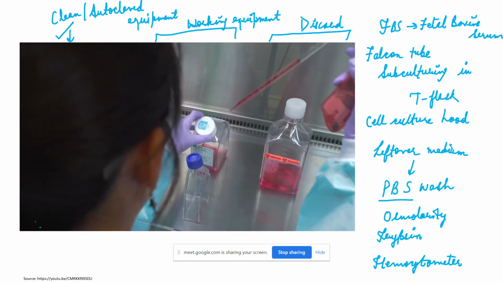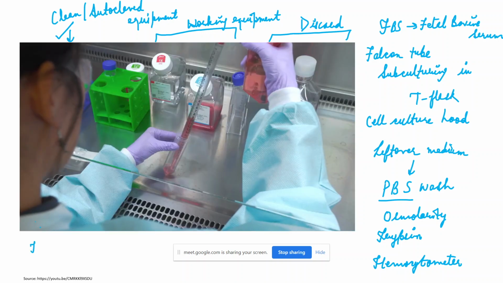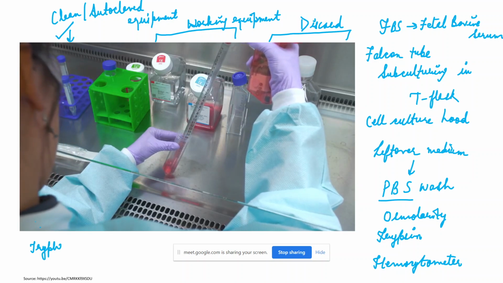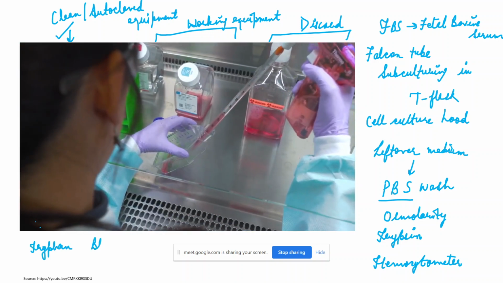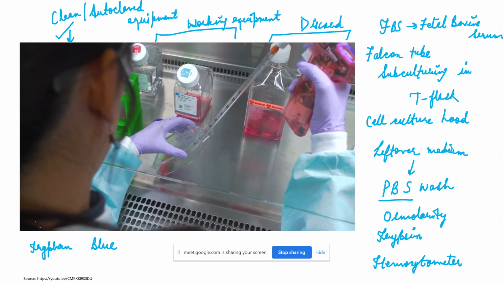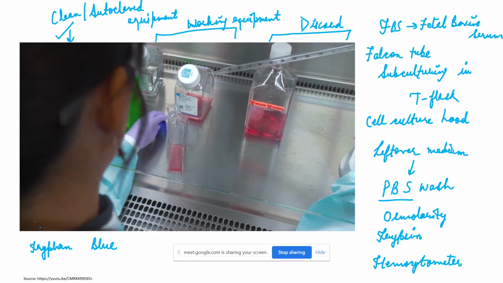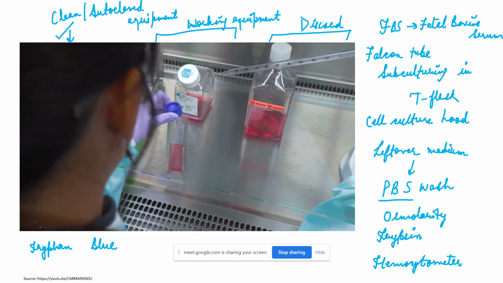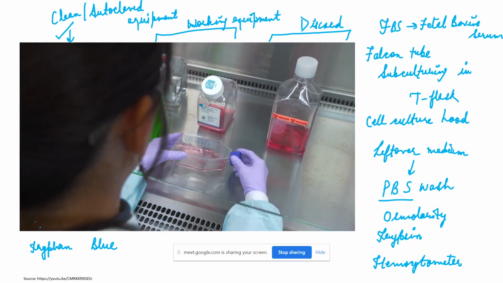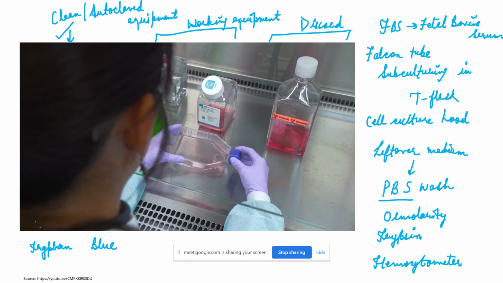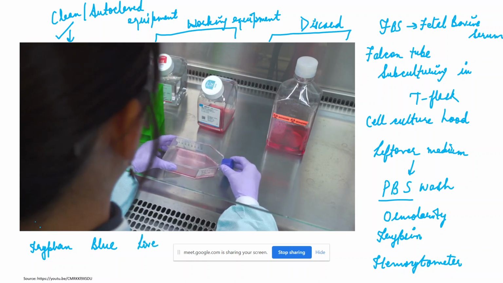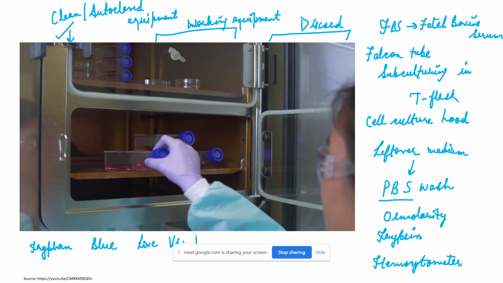She was using a special type of stain, which is the trypan blue stain. What trypan blue does is it gets inside dead cells because they are dead, and it will not be able to stain the live cells. So you can look under the microscope and count your live versus dead cells.